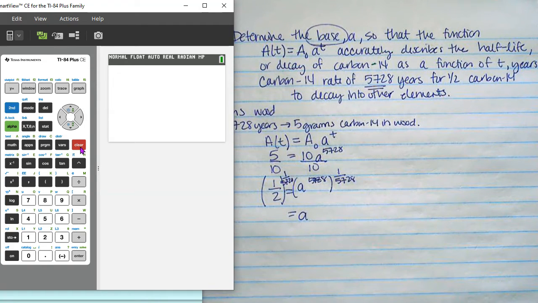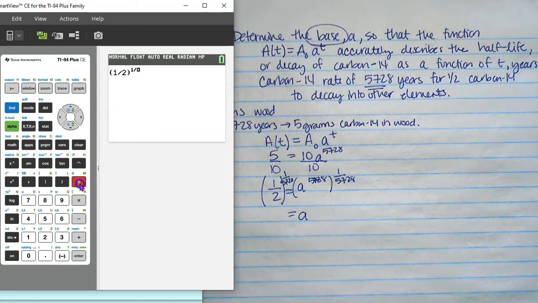Now we just need to take 1/2, which I'm going to write as 1/2. And I'm going to raise it to the power, and I'm going to make sure I do this right. So I'm actually going to put it in parentheses. So 1/2. That way I know that everything is going to be to the right power. Here's my power button, and I just type in this crazy power.